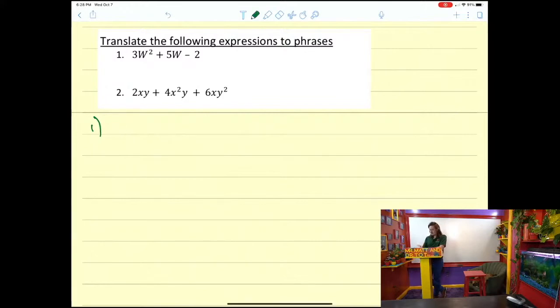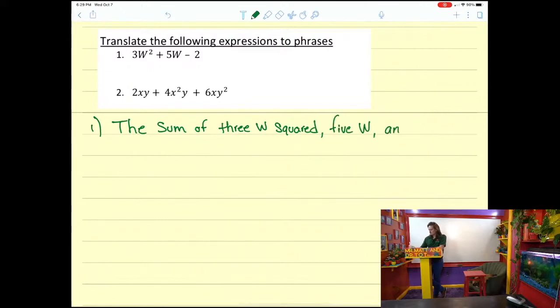We could say the sum of 3w squared, 5w, and negative 2.